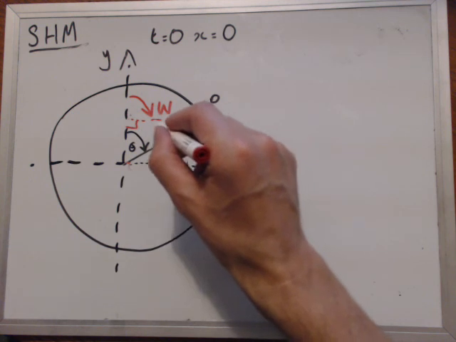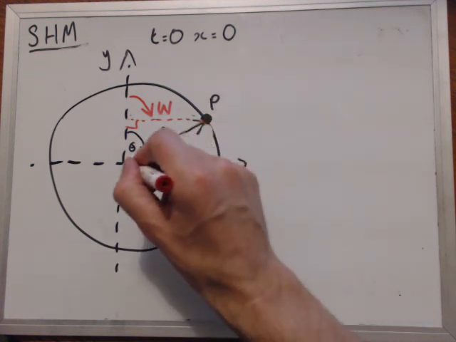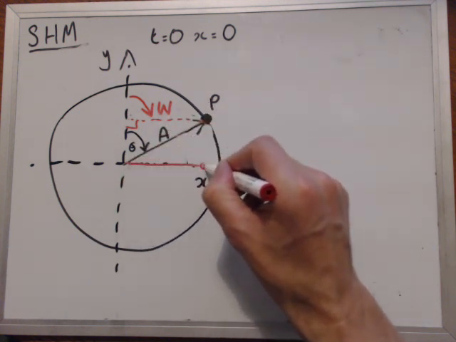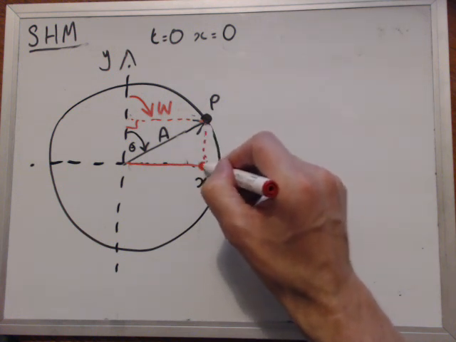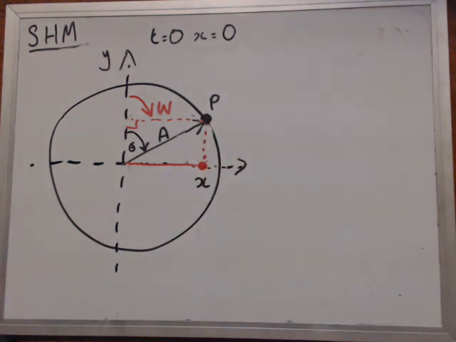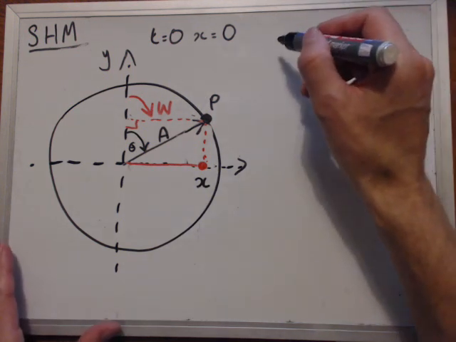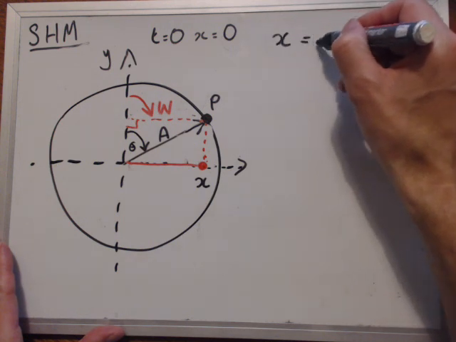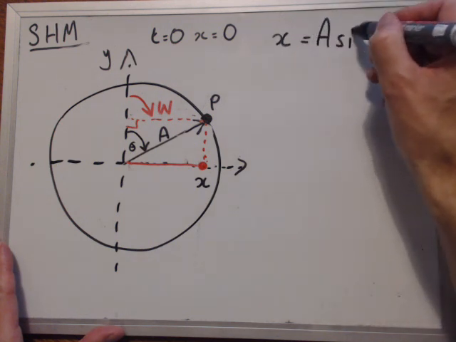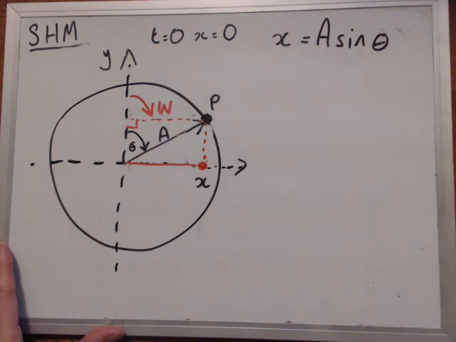That gives us the point P transposed onto the x-axis only. So we can start the mathematics by saying that the displacement x is equal to the amplitude times the sine of this angle theta.